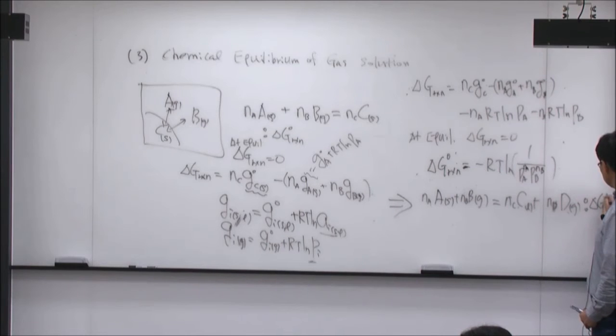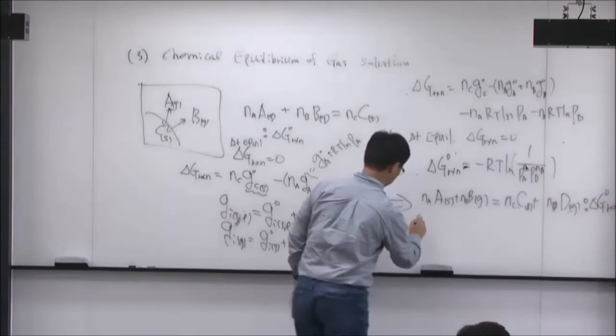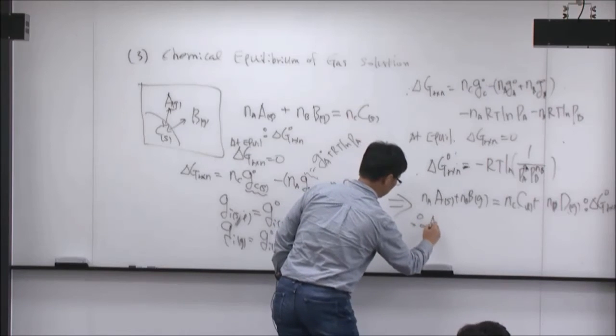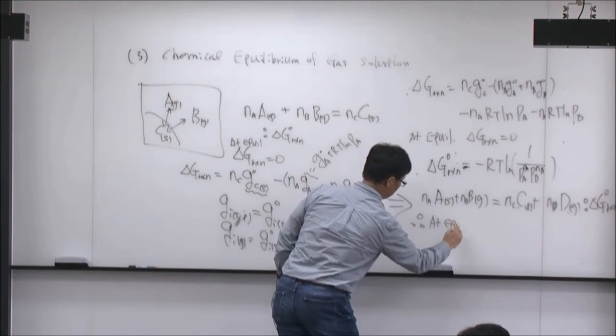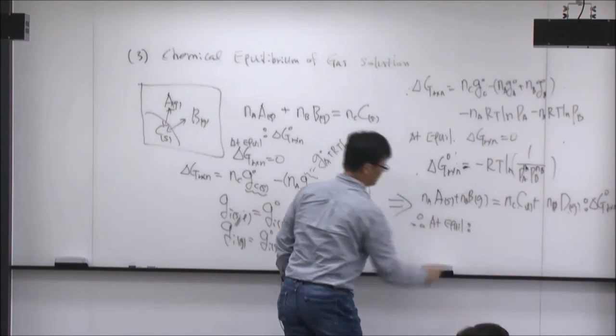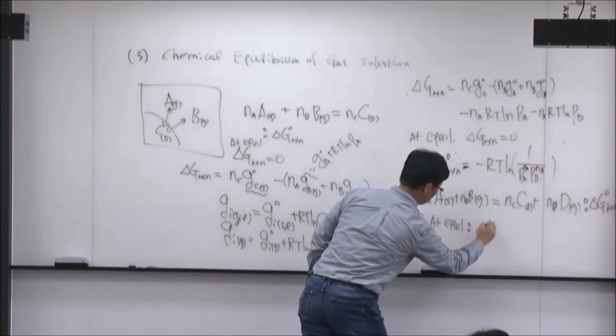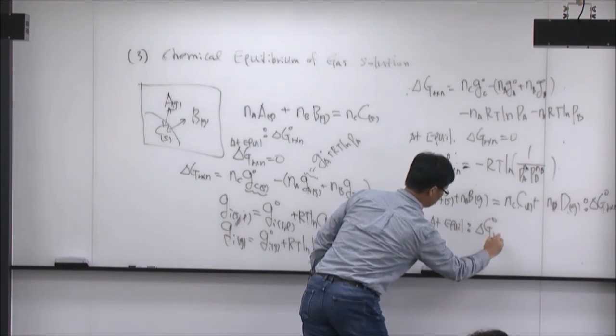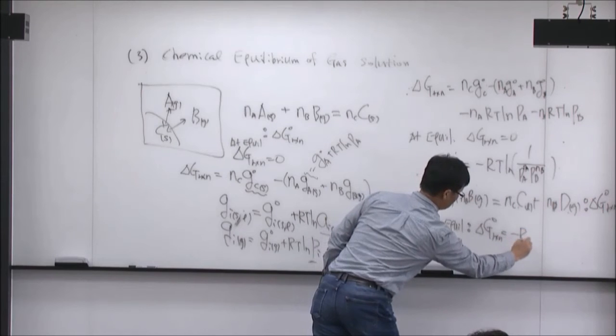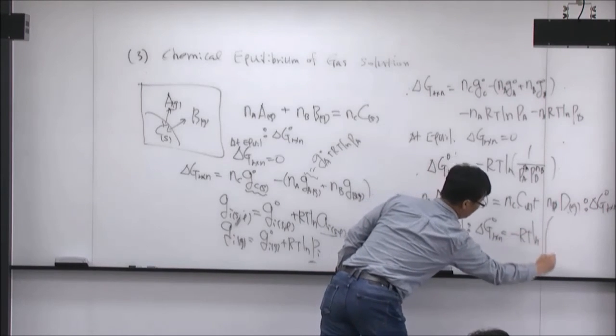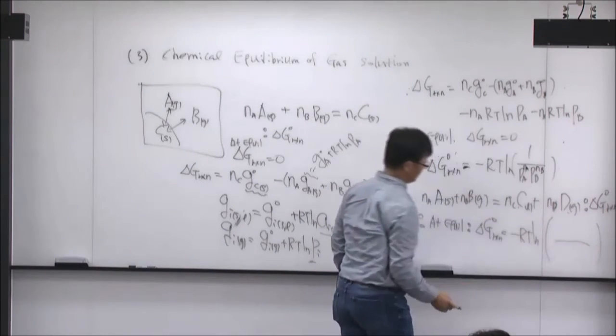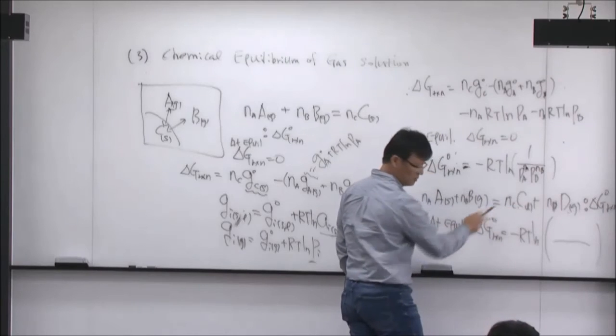And if you know the delta G of reaction, in the end, at the equilibrium state, delta G naught of this reaction equals minus RT ln, almost the same as before, but this one is now liquid.